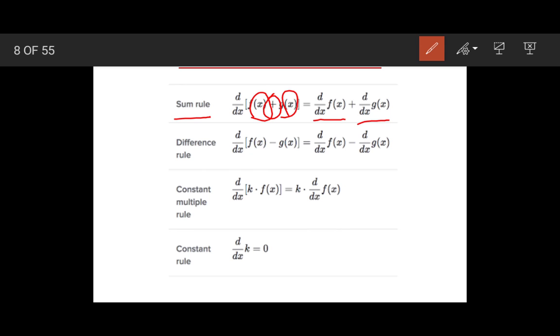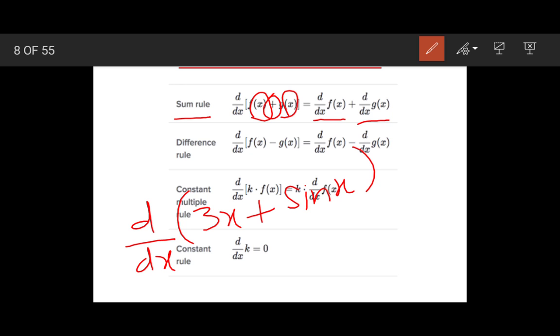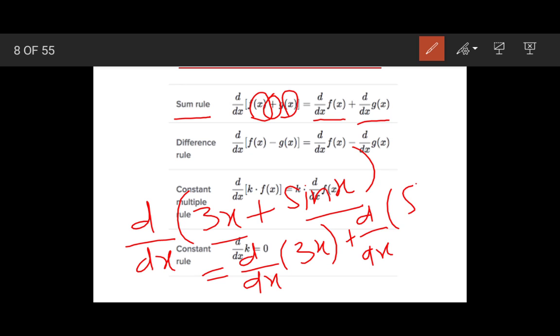For example, suppose I have to find derivative of 3x plus sin x. So 3x is one function and sin x is another function. Now to find the derivative of 3x plus sin x, I have to find derivative of 3x plus derivative of sin x.